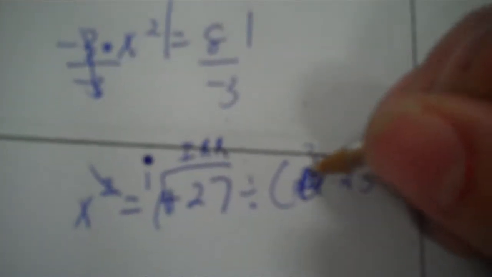So the square root of 9 then becomes 3. Now, this i goes between the whole number and the radical number. So the answer is, remember, a square root could be positive or negative, 3i square root 3. That's what you put over here, as a positive and as a negative.